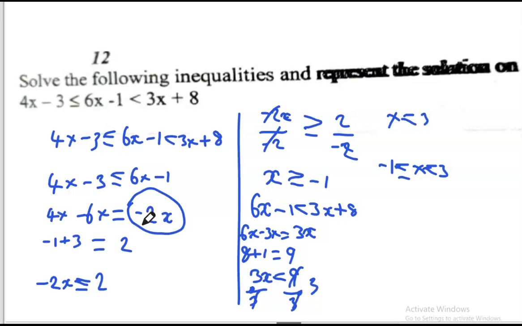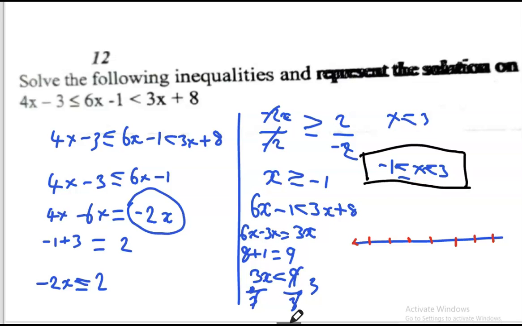In our number line, our final answer tells us that negative 1 is less than or equal to x, so we can start with negative 2, and then we have negative 1, we have 0, we have 1, 2, 3, and 4, etc. You can put an arrow to show that it continues.